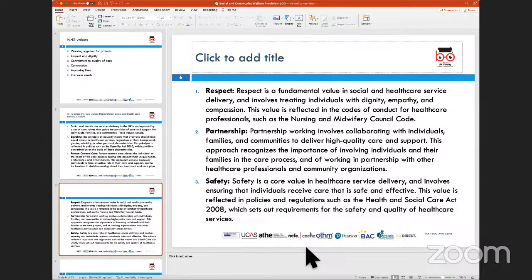This is to ensure that the treatment being provided is effective, is safe, and does not pose any threat to the life of the individual getting this treatment within the NHS.